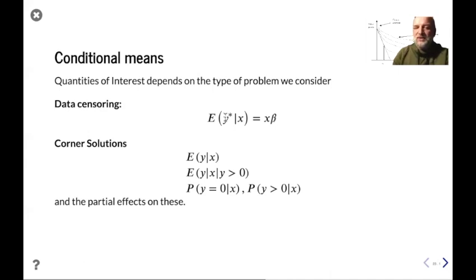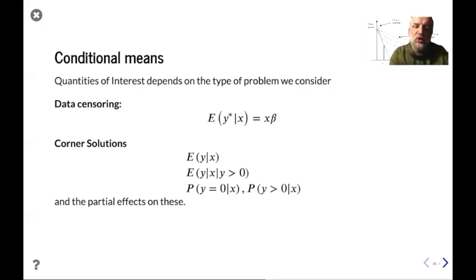Because y star was equal to x beta plus some epsilon, but then the conditional mean of epsilon given x is equal to 0, because we have a normal distribution with mean 0 conditional on x. So that's what we get in data censoring. So really in that case, we're just interested in estimating beta, okay? Because we observe x, and we're done in that case.